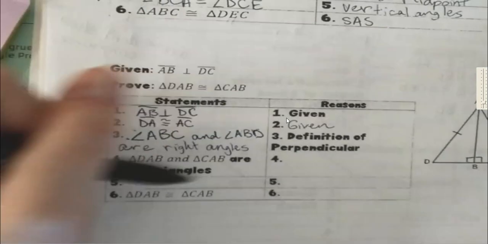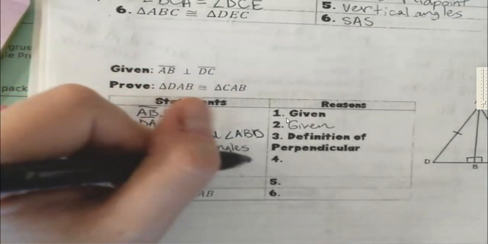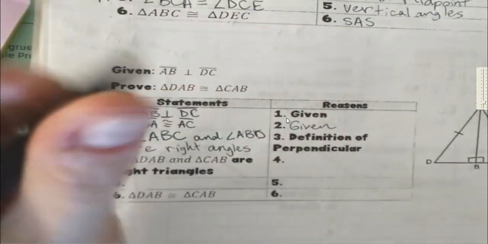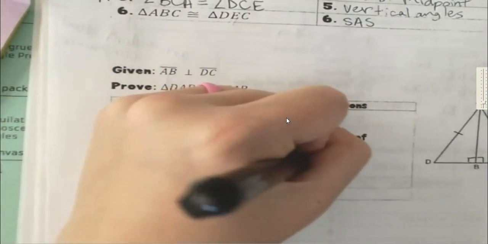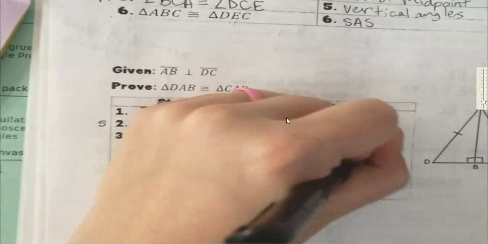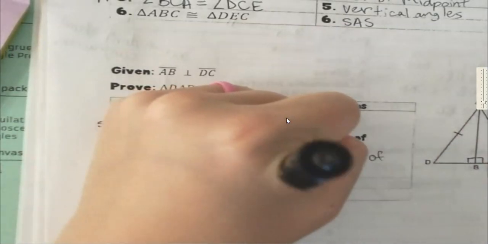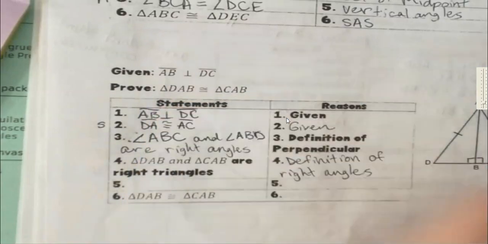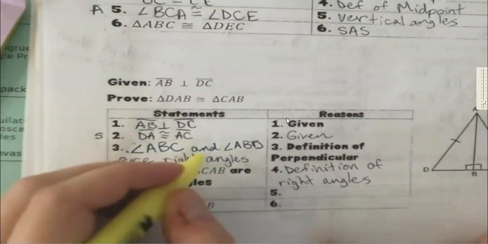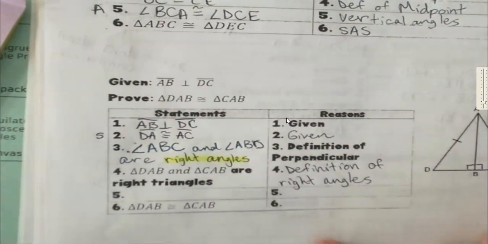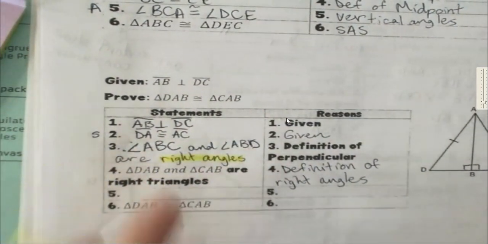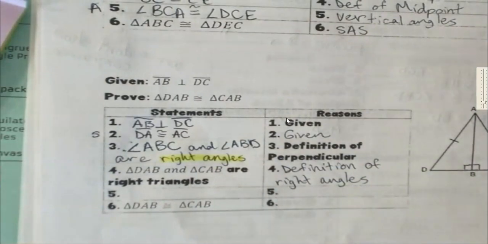Therefore, DAB and CAB are right angles by the definition of right angles. So the fact that these are right angles allows you to show that they're right angles.